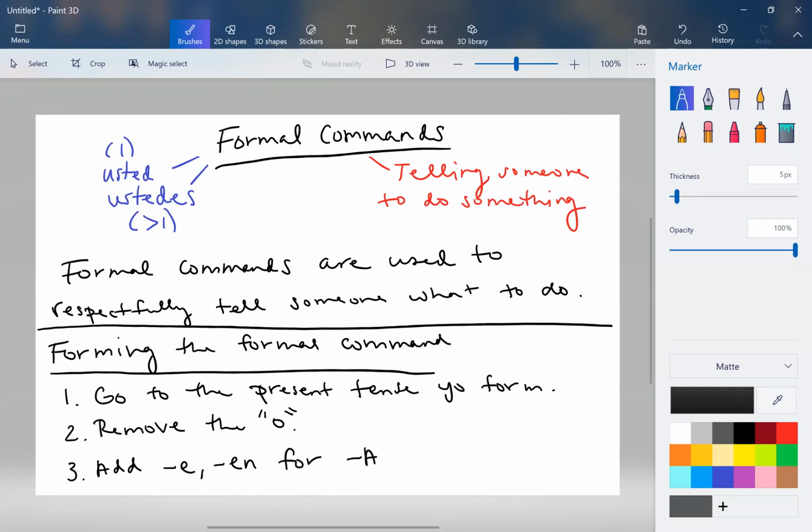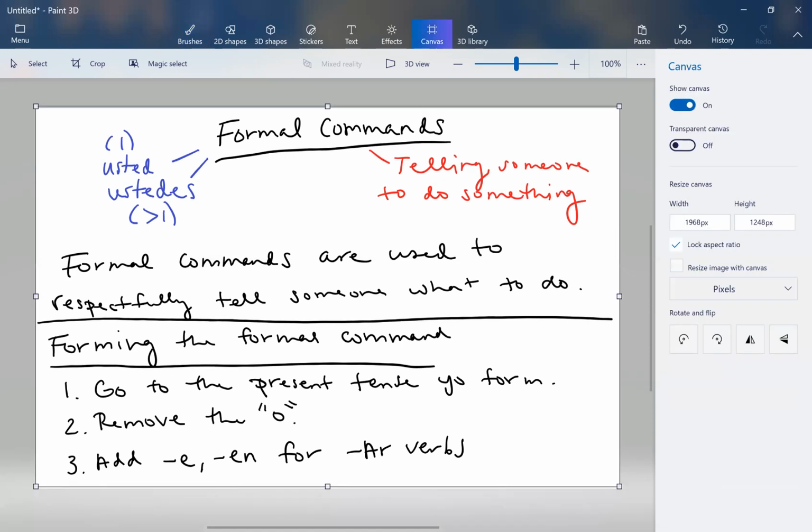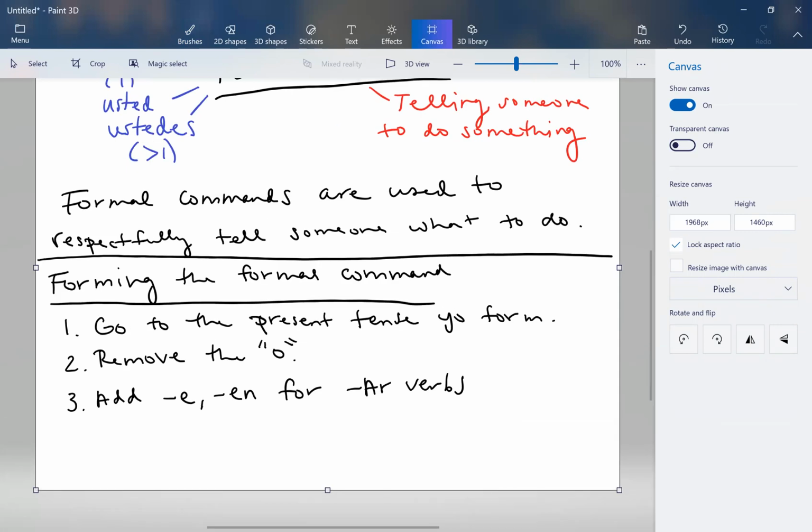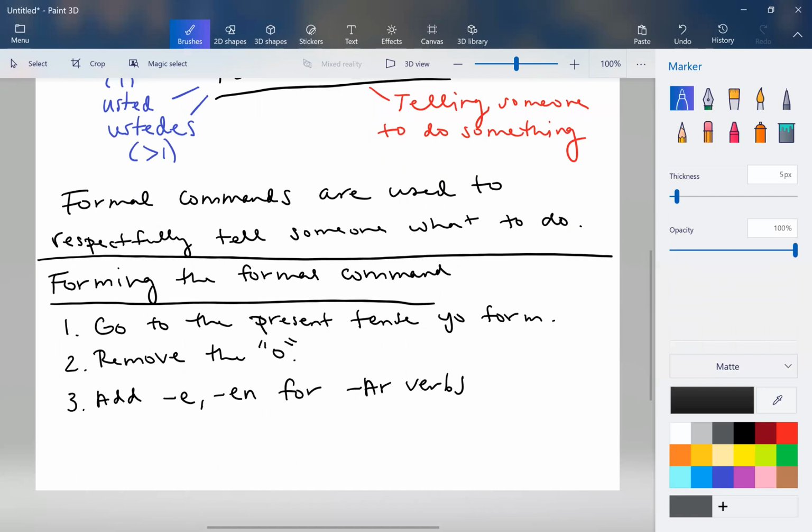for AR verbs. Or you add A or AN for ER or IR verbs.